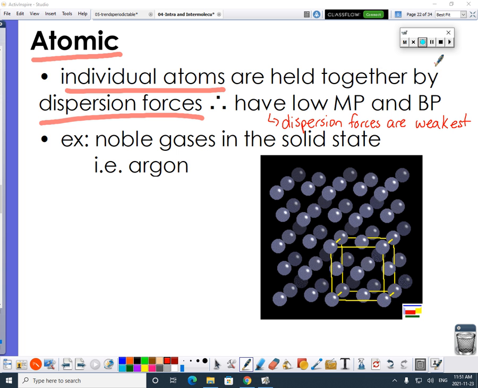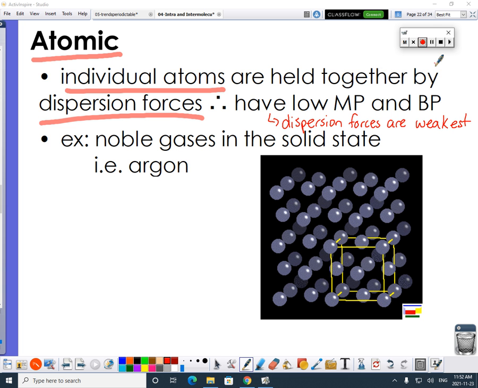In fact, this phrase here, you're like, Miss, this doesn't even make sense: noble gases in the solid state. Gases are solids, right? You can think of this like CO2 or dry ice, which is solid carbon dioxide. If you've ever got to play with that, it sublimes. It doesn't even change into a liquid. It goes right from a solid to a gas.